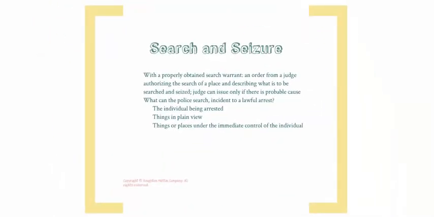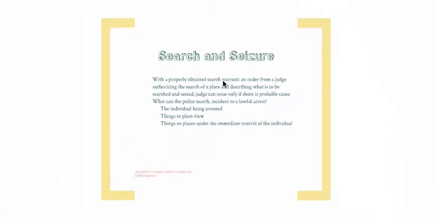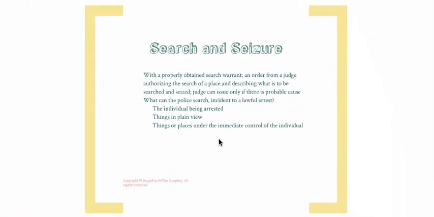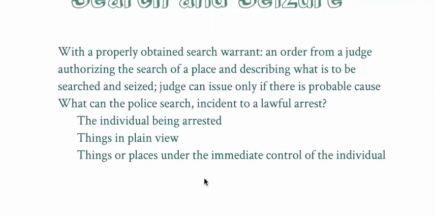Search and seizure. Basically, what can law enforcement look for and take? All right, with a properly obtained search warrant, an order from a judge authorizing the search of a place and describing what is to be searched and seized, a judge can issue only if there is probable cause.